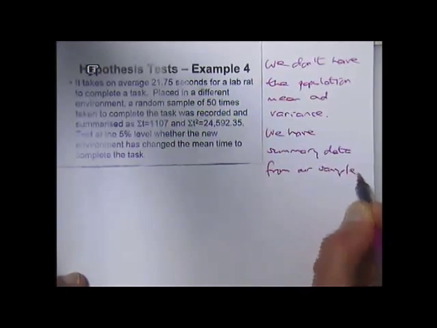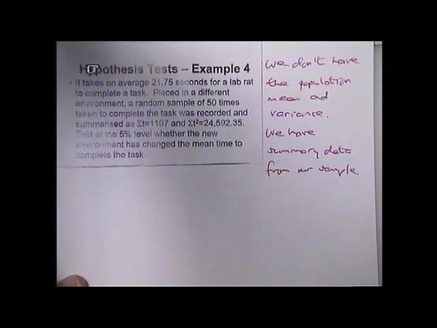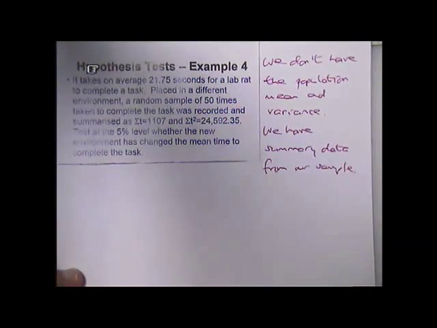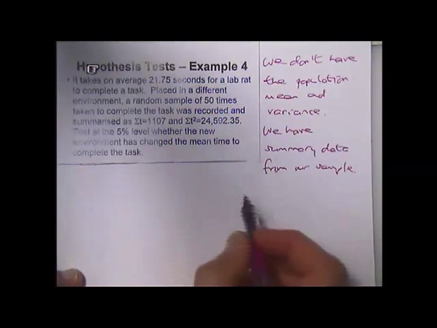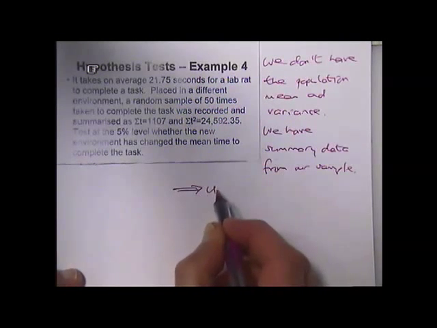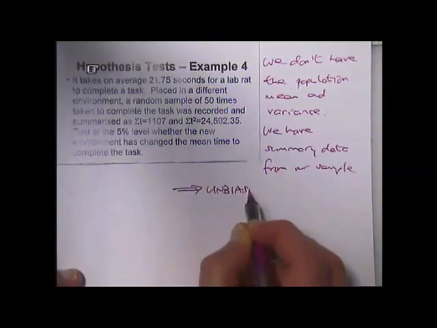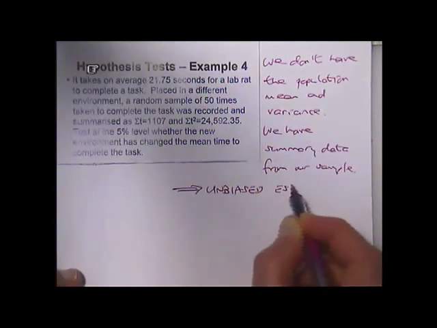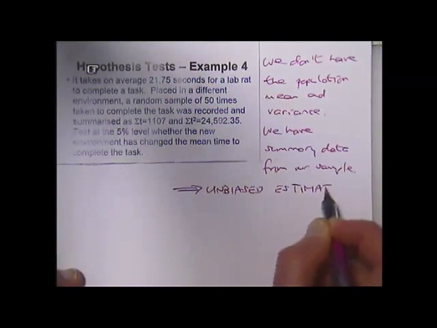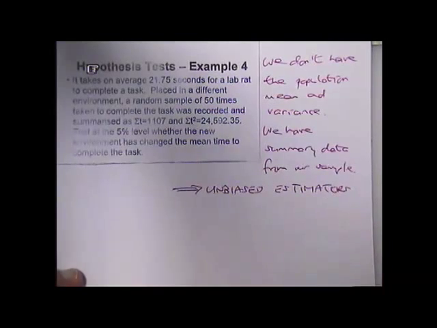So, what's the implication of that? We have to work it out ourselves. Work what out? Mu and sigma squared. Using what technique? Unbiased estimators, yeah. So we will need to use unbiased estimators somewhere in this question. So, that's why this question is in here.